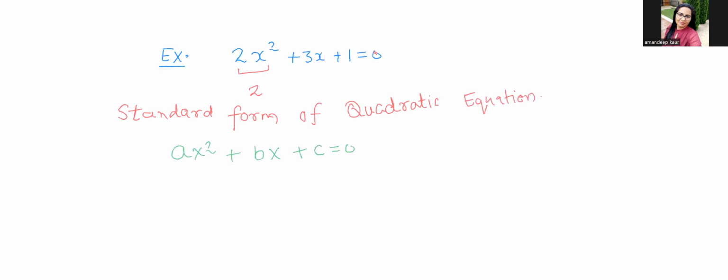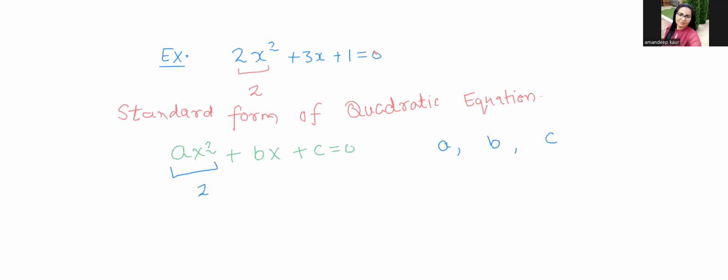This is the standard form of the quadratic equation. Since the highest exponent is 2, we call it a quadratic equation. Here we have written three constants, a, b, c.